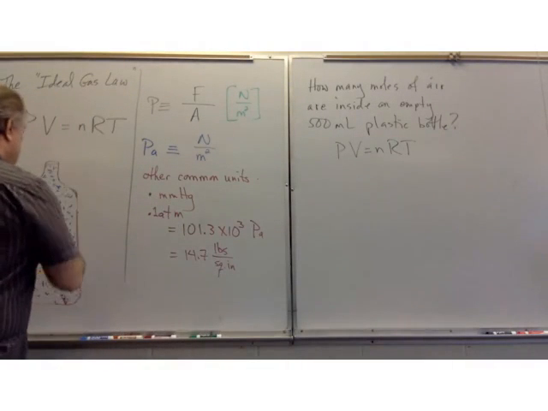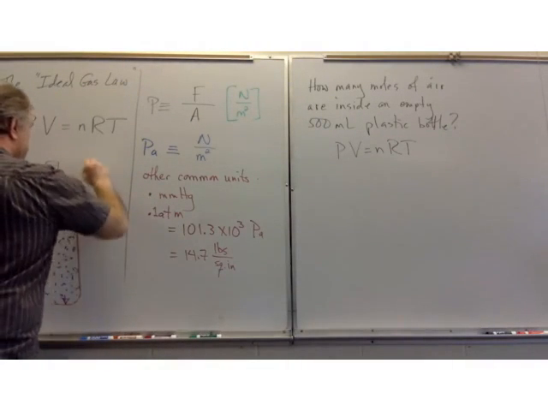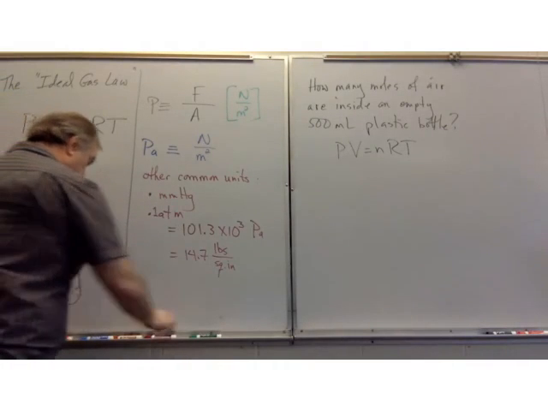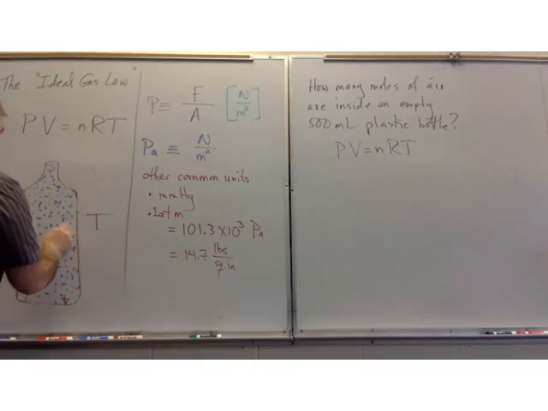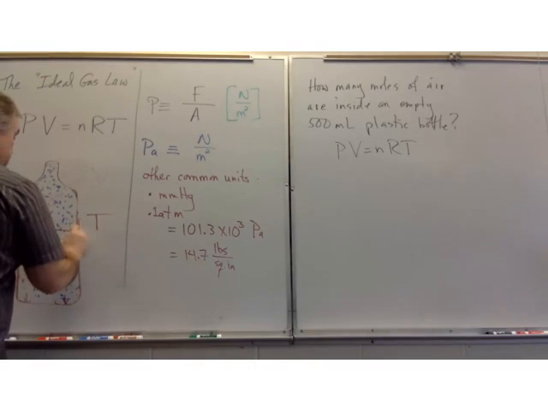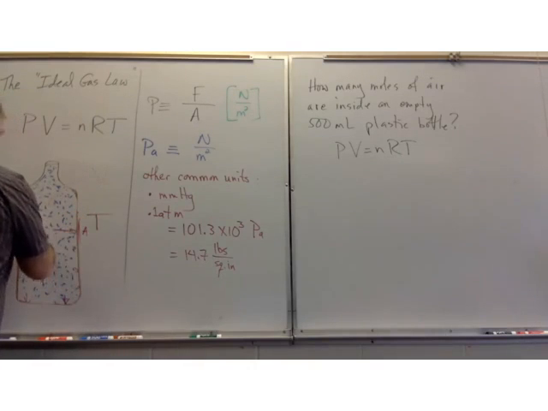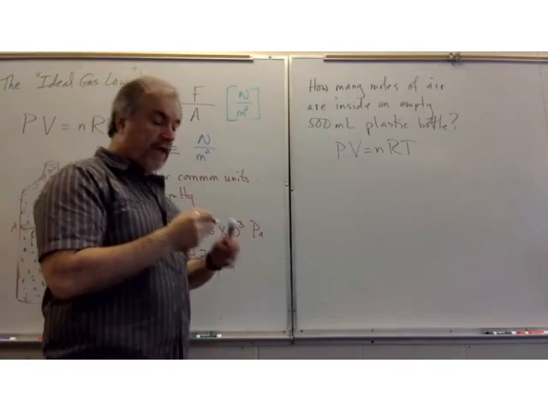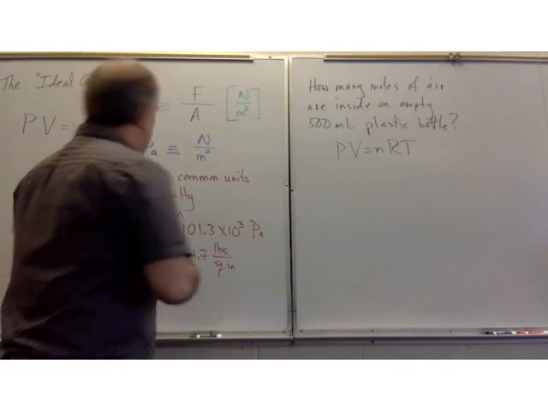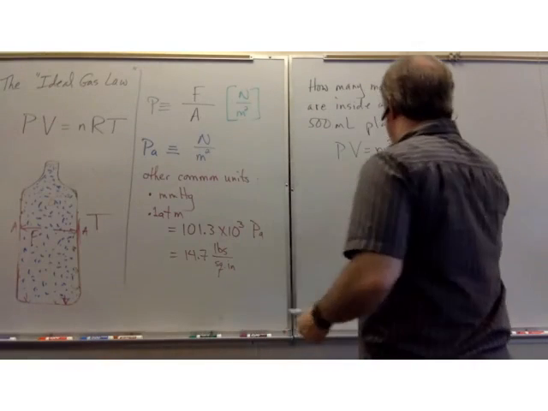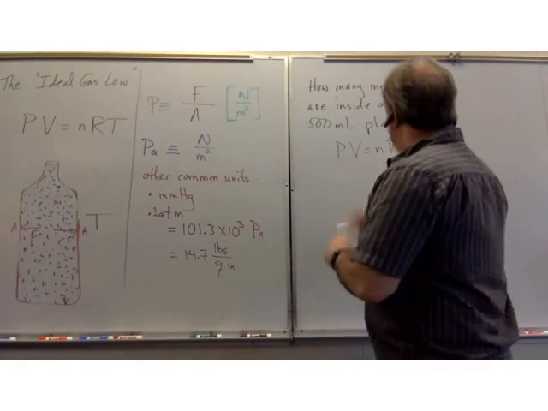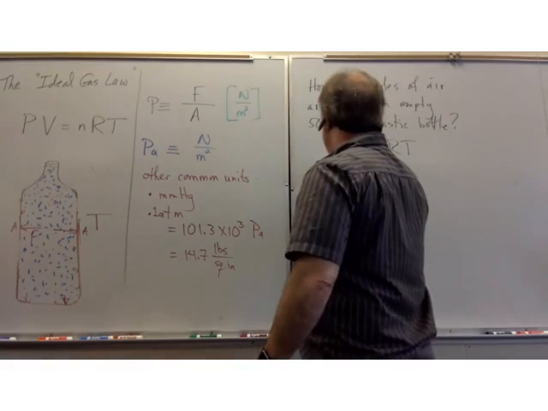There's the volume, and the temperature is the ambient temperature around here. The pressure is the force per unit area, but we've already talked about this, so we already know what that number is, so I'm not going to worry about that. And the number of moles of those little blue dots I've got there is n. R is a constant. So we want n. We'll solve for n.